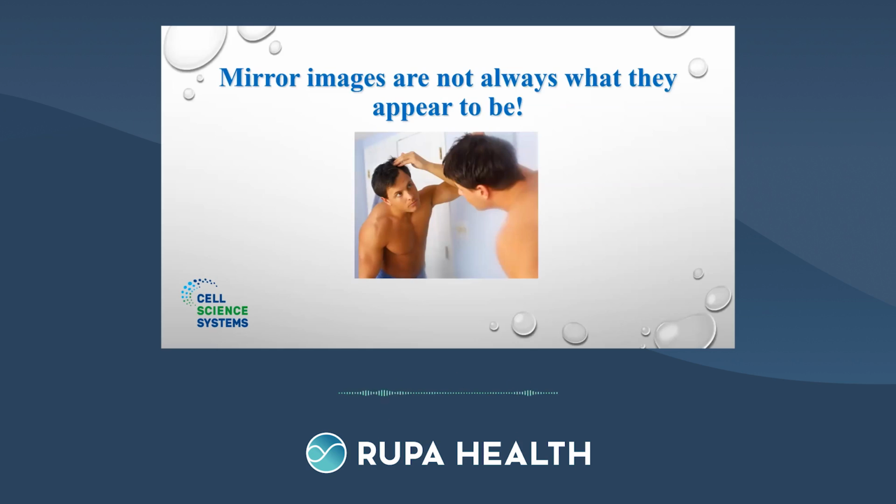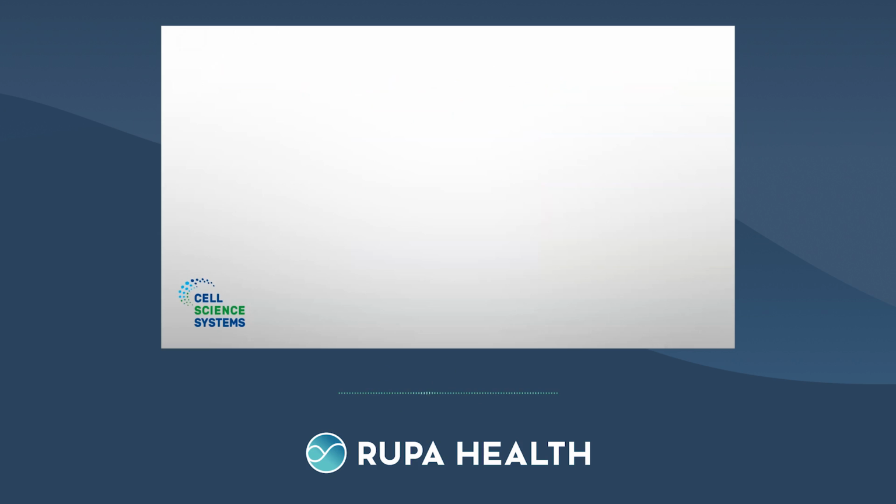So I'm going to show you something here that's very interesting and why we can't just assume. And there's a lot of times I'll admit, early in my career, I've done the same thing where you look at people that have the same signs and symptoms and you say, man, they have this condition because I've seen these signs and symptoms over and over and over. So that's what they have.